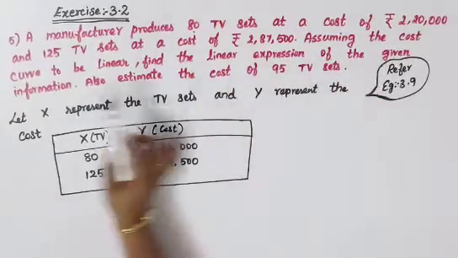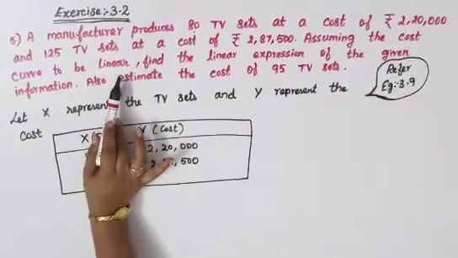So assuming the cost curve to be linear, they have given that the lines are linear.